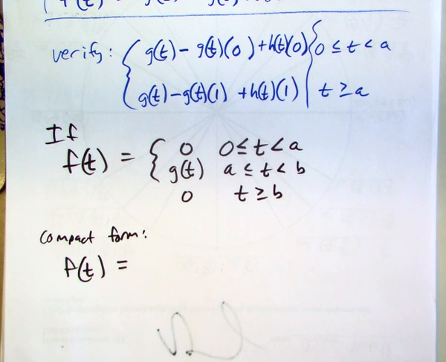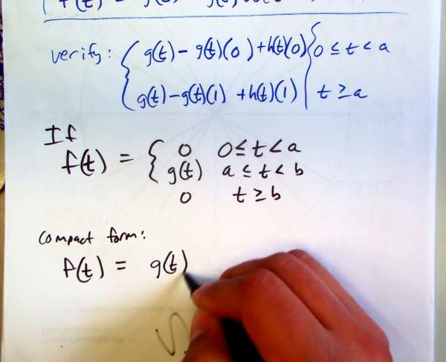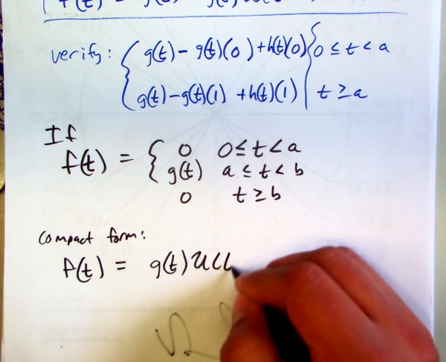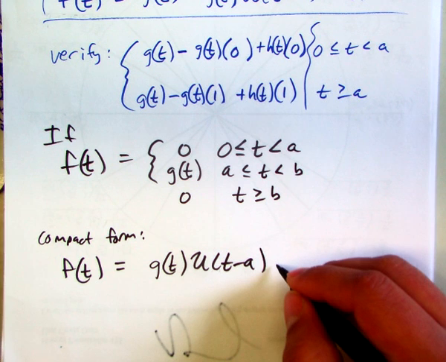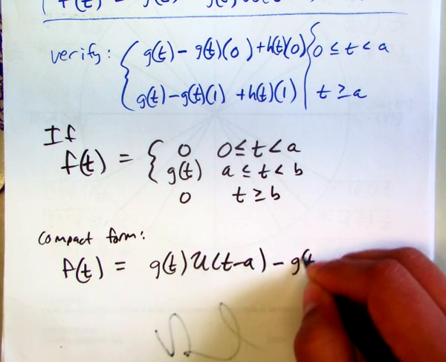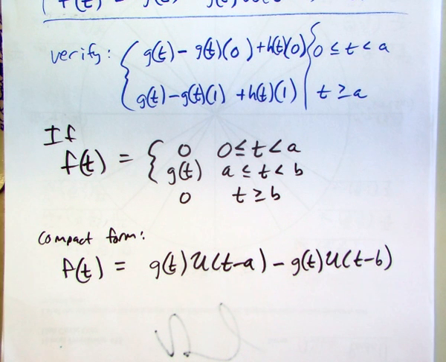We don't want anything, right? So we're okay. What gets turned on? g of t, when? At u of t minus a. But now we want to shut it off, so we're going to have to subtract g of t at u of t minus b. That's it.